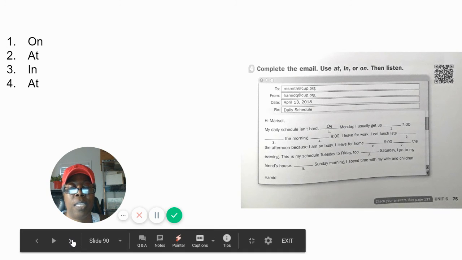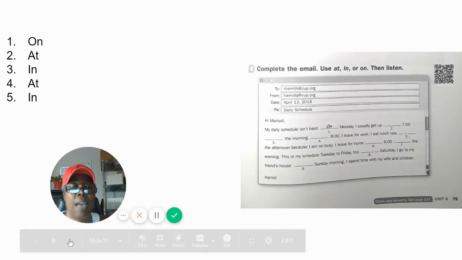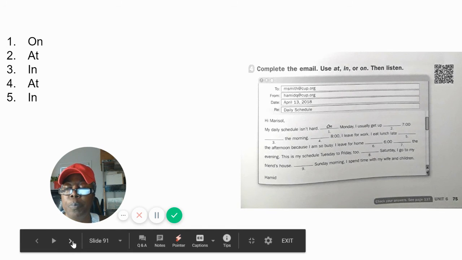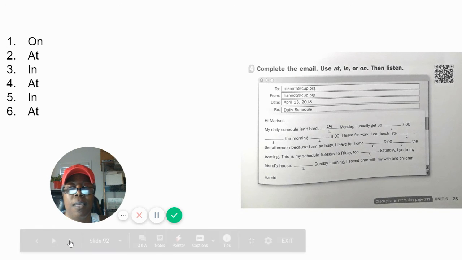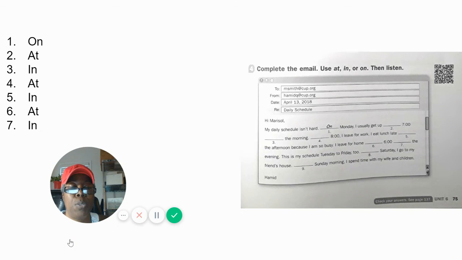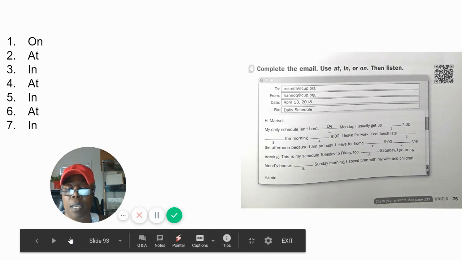I eat lunch late in the afternoon. That's number 5, in the afternoon, because I am so busy. I leave for home at 6 in the evening. This is my schedule, Tuesday to Friday.